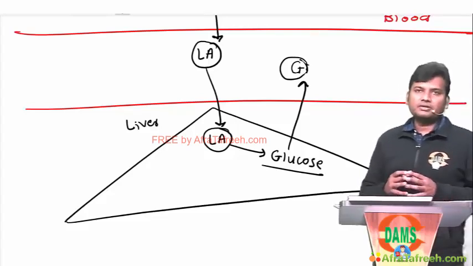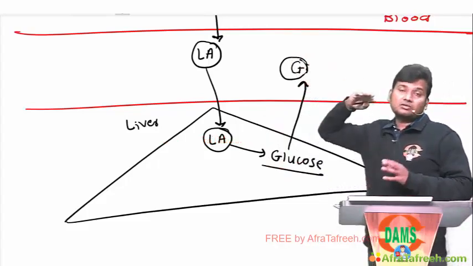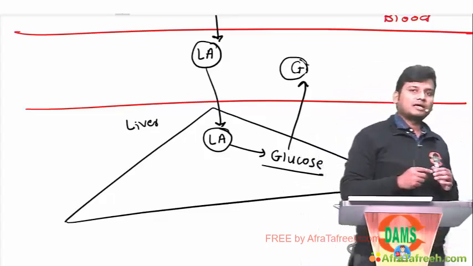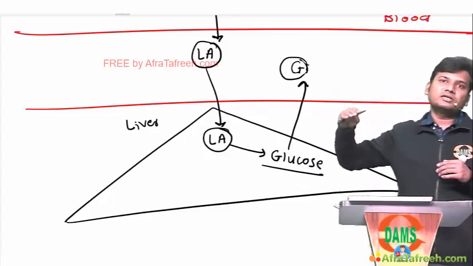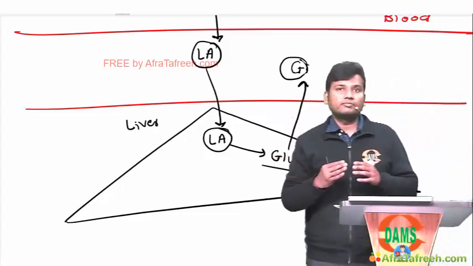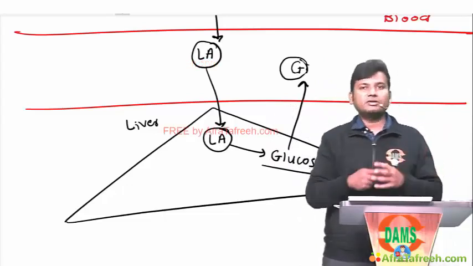So what will happen? Glucose level in blood will increase. The patient is already having hyperglycemia, and because of glycogenolysis and gluconeogenesis, glucose level in blood is increasing, but this glucose in blood is not able to enter the cell. This is the main problem.